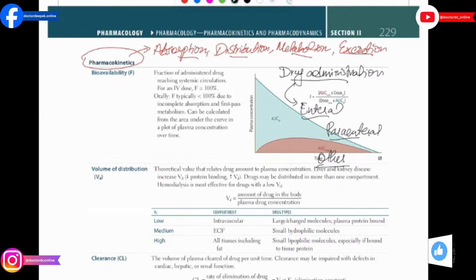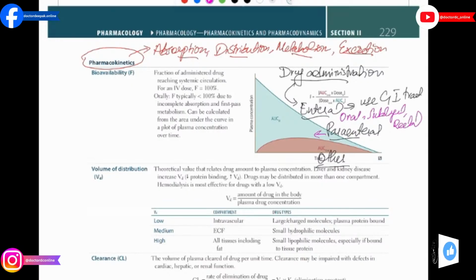The enteral includes all the routes that use the GI tract, if we give the drug orally, sublingually, and also rectally.